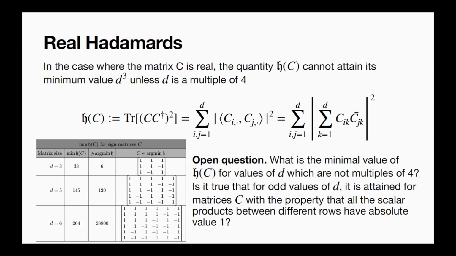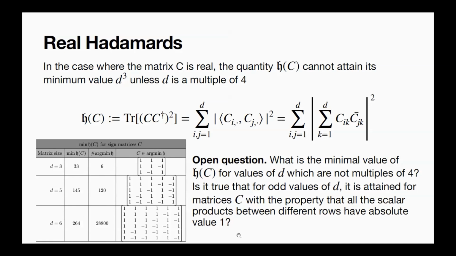So basically the question is, among all sign matrices, which are the ones which have the smallest scalar products of rows? And you can enumerate them, and you can do some numerics for dimensions which are not multiples of 4. And we have found these values. I mean, what is the minimal value of this quantity?